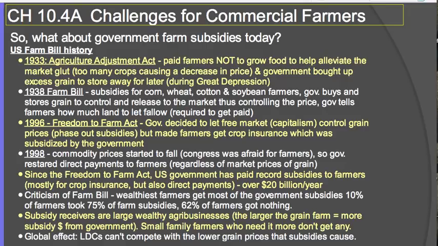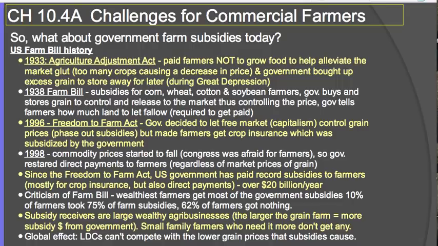Then in 1996, this changed. This is the Freedom to Farm Act. The government decided that they were subsidizing farmers too much, and so they decided to let free market capitalism control the grain prices, and they were going to phase out the subsidies.